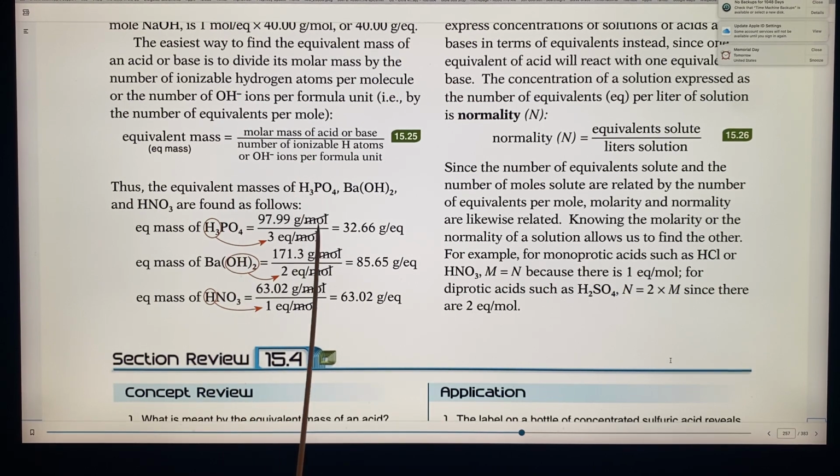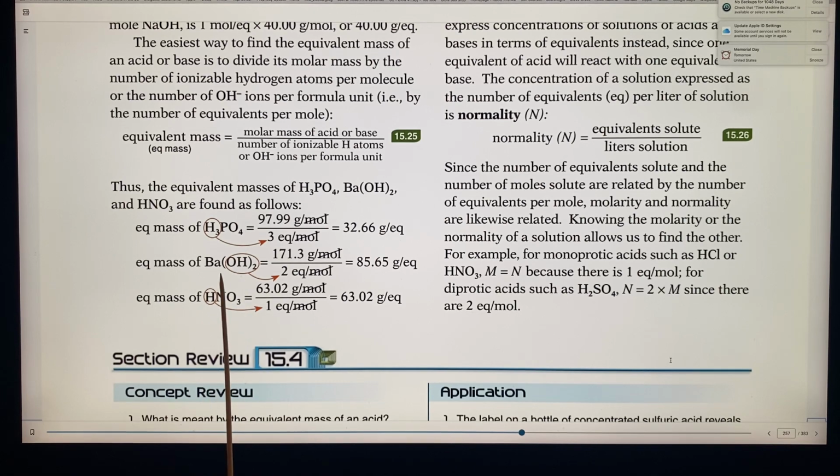We add this up, and we get this number off our chart. And then we have to divide it by 3, because this is triprotic. So we divide it by 3, and this is the number we get for the equivalence. And this is in grams, because we're using grams per mole.